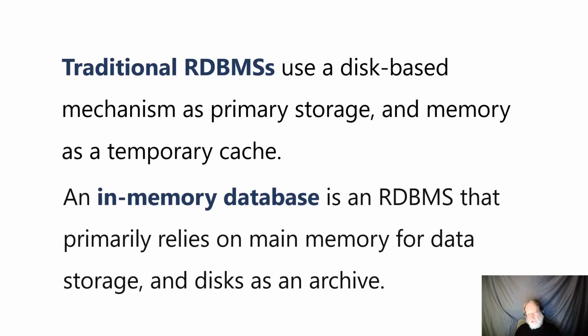So think of it as just archival storage rather than the active storage that is used during transactions like in traditional RDBMSs. Traditionally with RDBMSs, you're doing your active processing in and out of disks using a cache. In in-memory databases, you're doing your active processing in memory and just in the background persisting the data out to disks as an archive.